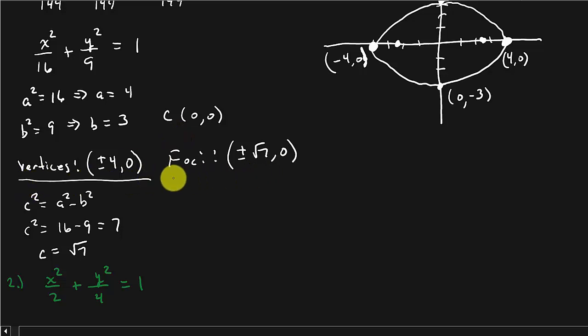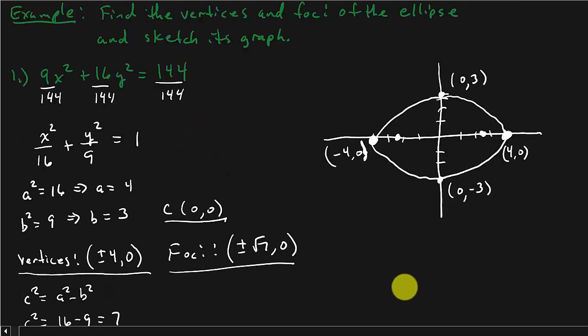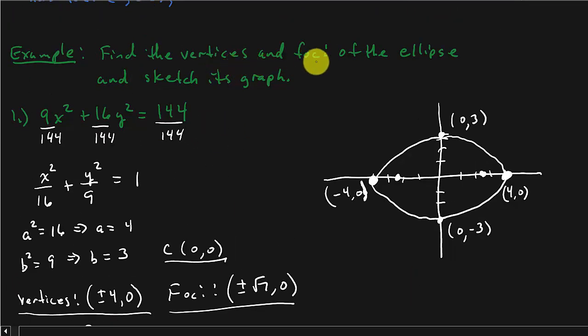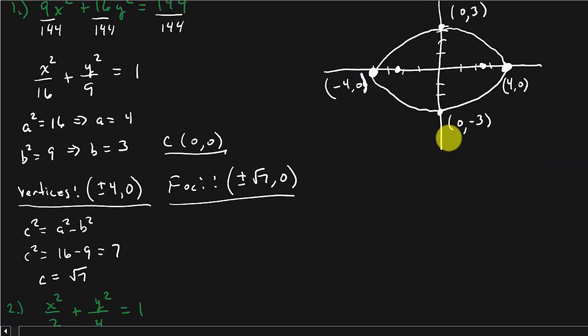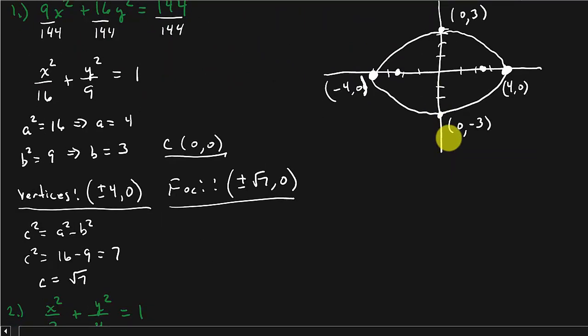See, there's our vertices, there's the foci, and there's the center. I don't know what all it tells. Find the vertices and foci of the ellipse and sketch its graph. Well, we go ahead and list the center too. And so there you go. So this would be the point square root of 7, 0. This would be the point negative square root of 7, 0.